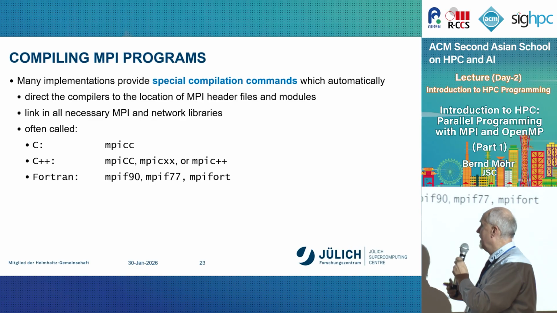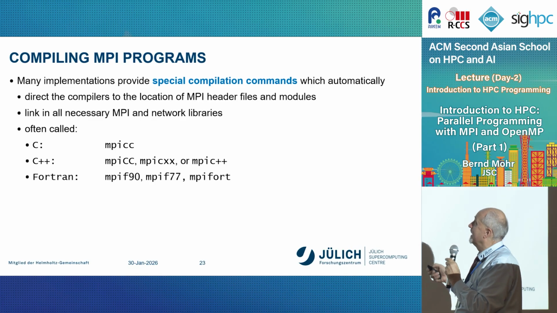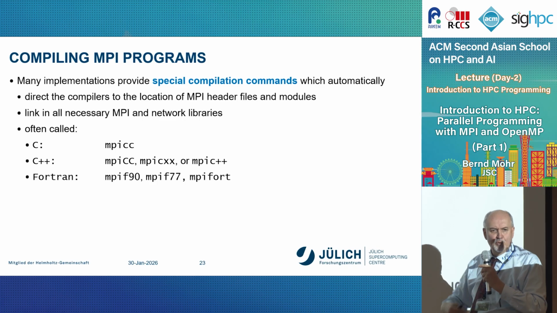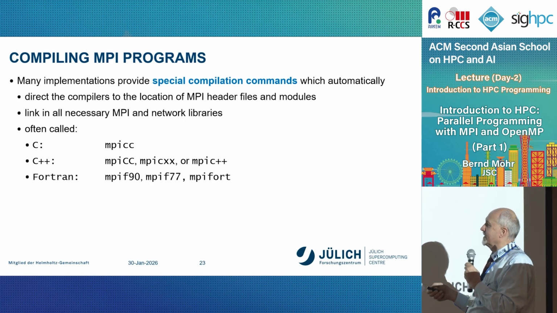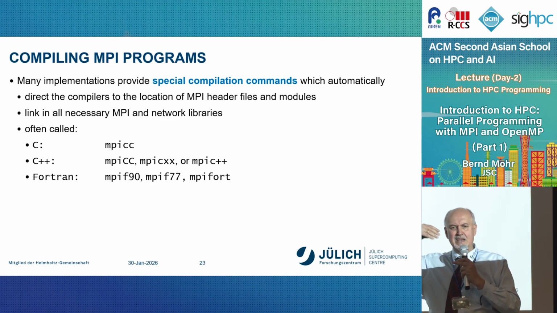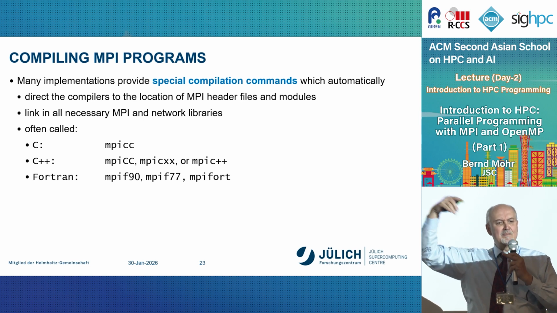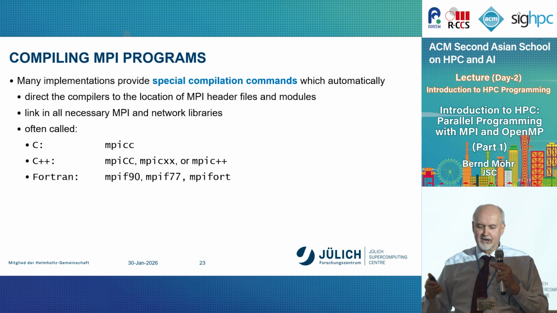To make it simple, all the MPI libraries provide special commands to do this automatically. For C, there's typically a compiler called mpicc which automatically links to the path where the MPI header is found and automatically adds the MPI library and so on.